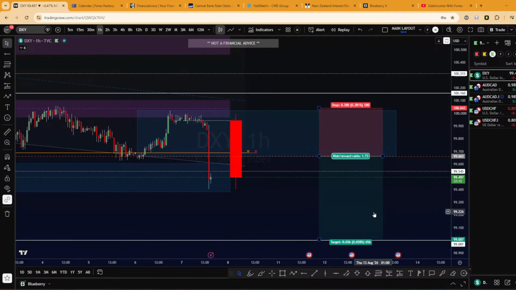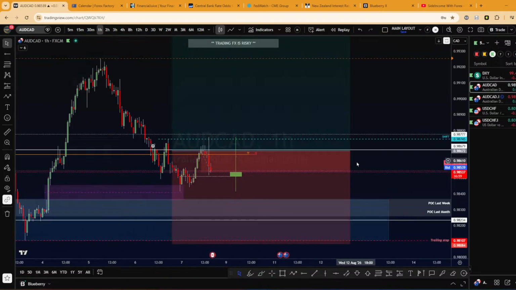Let's see at 9:30, which is another equity open, what will happen if we have some more volatility. USDCAD, as I said, we have strong data on the Canadian dollar, so I will not be surprised if we continue to drop.